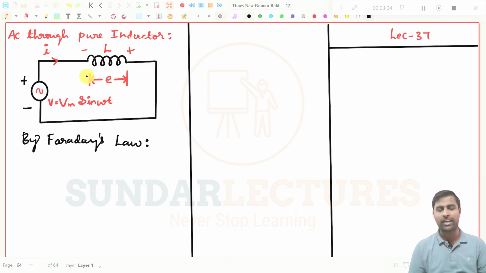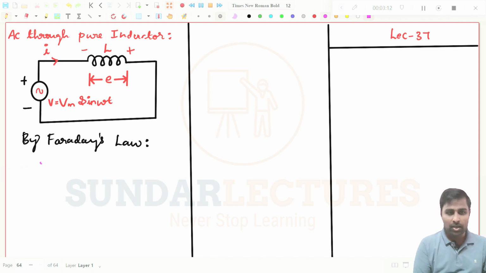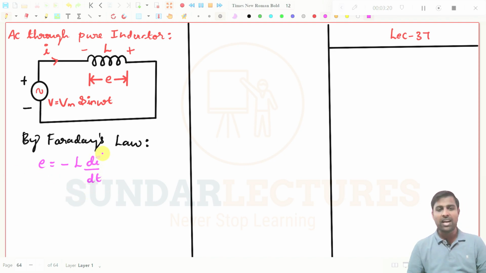So what is the expression for E here? E is equal to minus L di by dt, by Faraday's law. We have seen this expression already: the rate of change of flux is directly proportional to current.